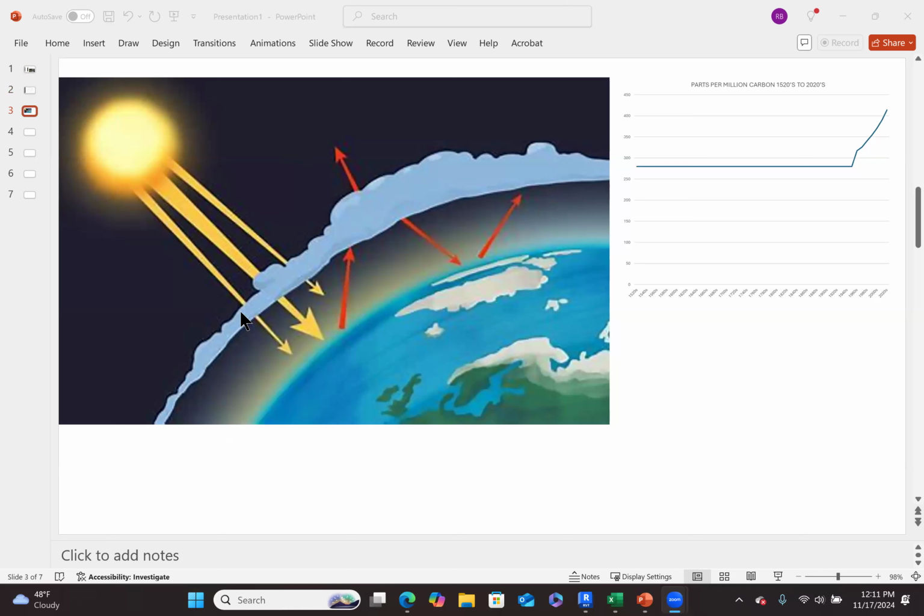But we had a very steady amount of carbon around the planet, which bounced some of that heat back and kept it in as insulation. And it kept the temperature of our planet at the level that it was at to sustain life on this planet. And it did that same level well before the 1500s, but my chart only starts at the 1500s and goes across.